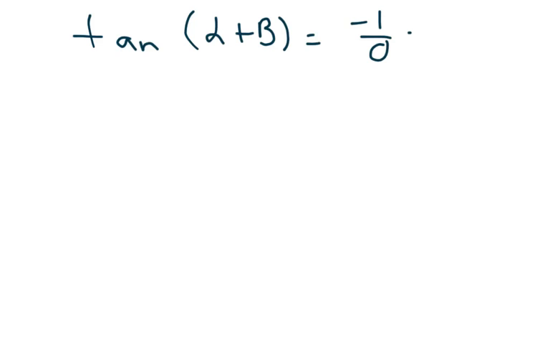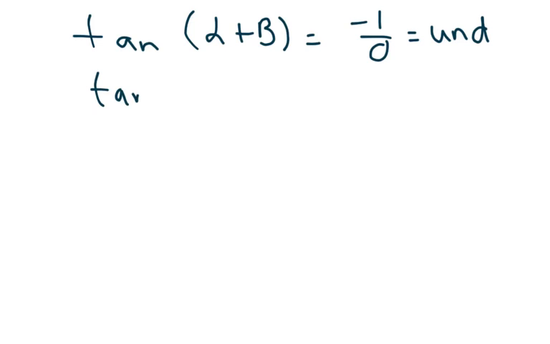So, now we have to do tan of alpha plus beta. When you do alpha plus beta, you're going to get negative 1 over 0, which means it's undefined.